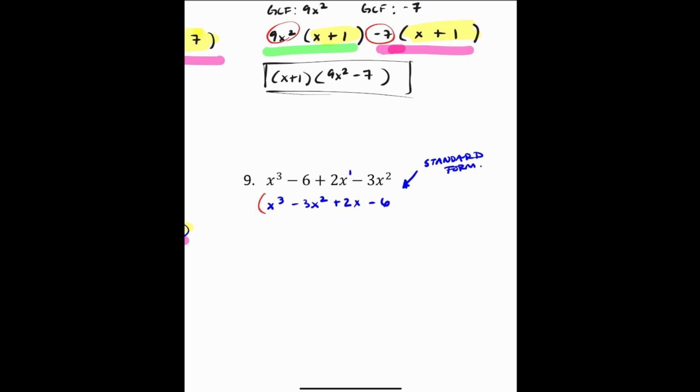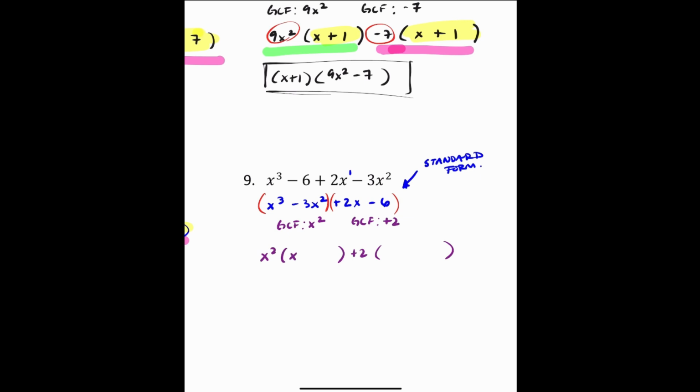Alright, so we'll group now. We'll group the first two terms and the last two terms. The GCF is x squared, and the GCF for 2x minus 6 would be positive 2. So x squared times my remainder plus 2 times my remainder. X squared times what gives you x cubed?